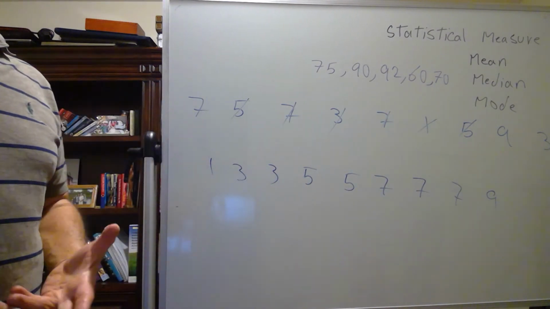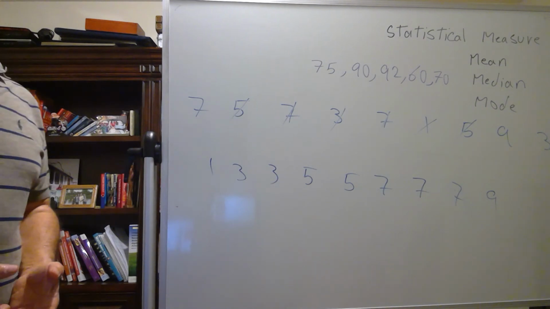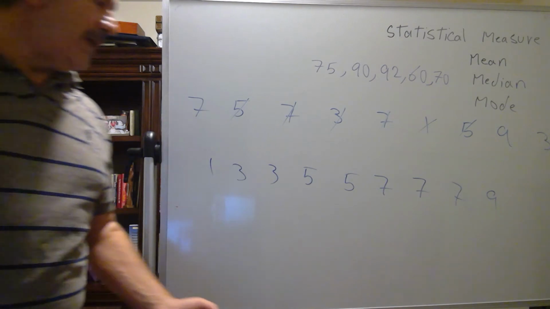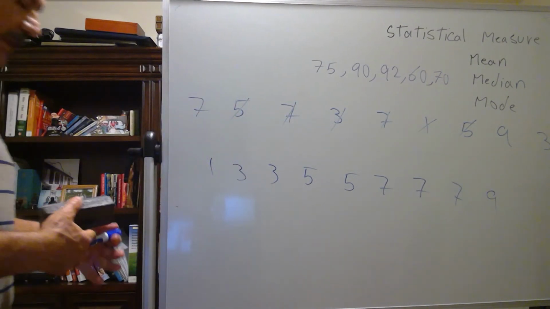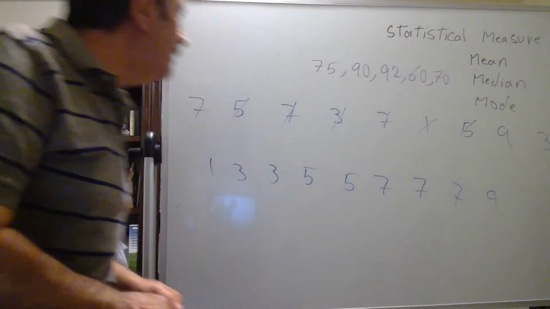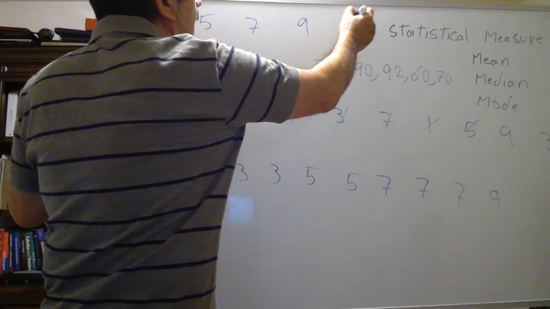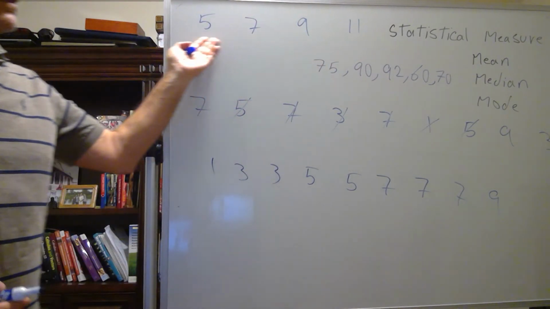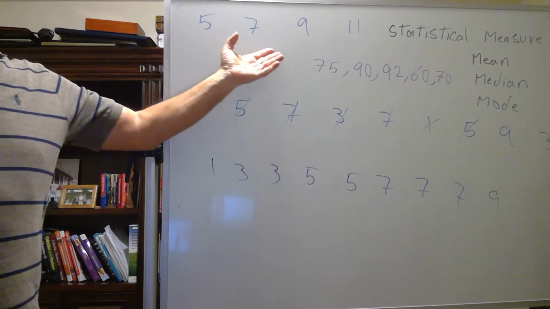If we have 2 data that are repeated the same number of times, then we have 2 modes. Sometimes we don't have a mode if none of the data is repeated. As an example, let's say for this data, 5, 7, 9, and 11, because none of them are repeated more than once, there is no mode.